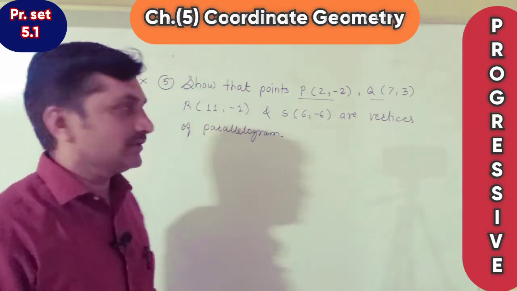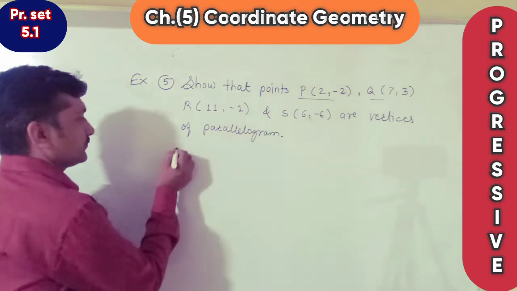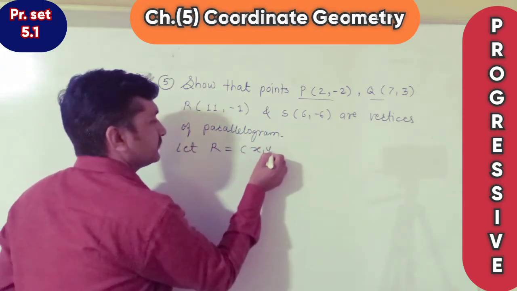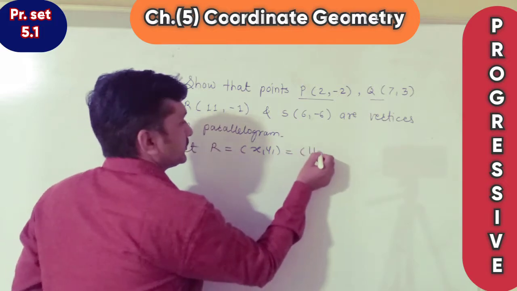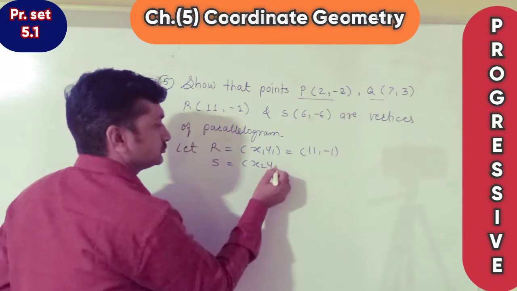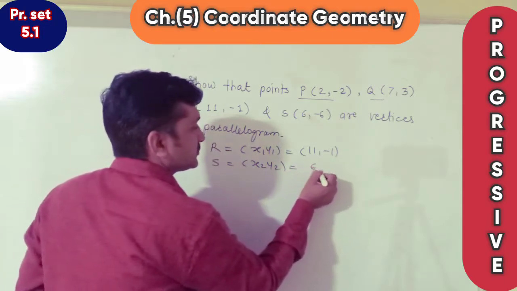For distance QR, let's find RS. Let R is equal to (x1, y1), (11, -1). S is equal to (x2, y2), (6, -6).